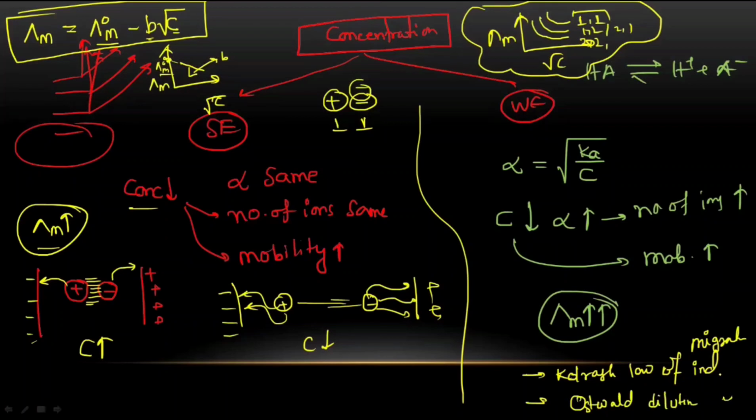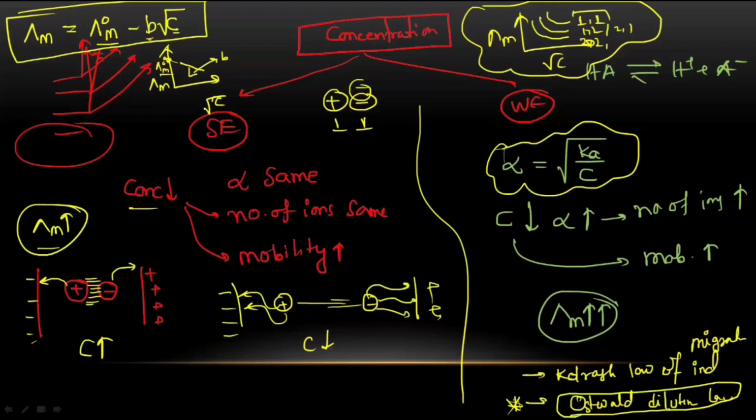This equation is basically a result of Ostwald dilution law. I know you know it because it is now in class 11 chemistry, so I am not going to teach it. Kohlrausch law I will teach you in much detail.